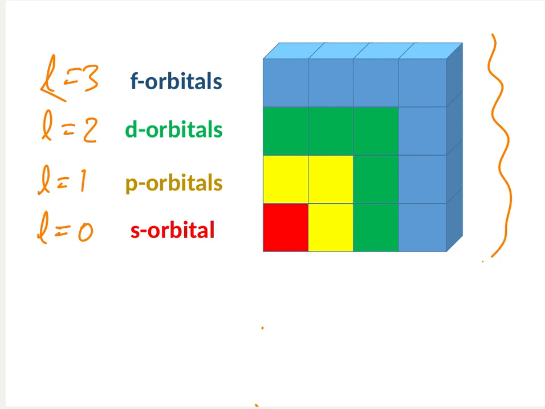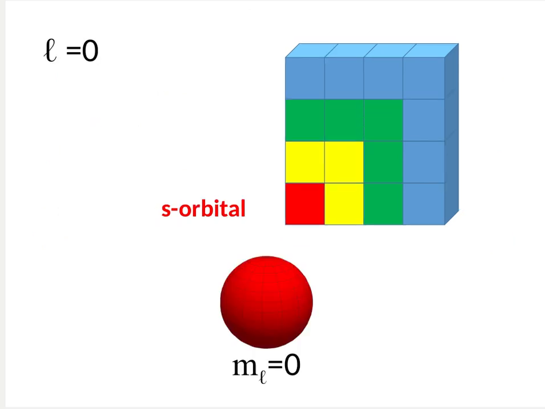And of course, that is simply an analogy. Using this little square house building up allows us to keep track of the relationships between quantum numbers, count up the total number of orbitals, and make sense of this labeling scheme. But of course, it does not map on to how these orbitals actually look in real life.